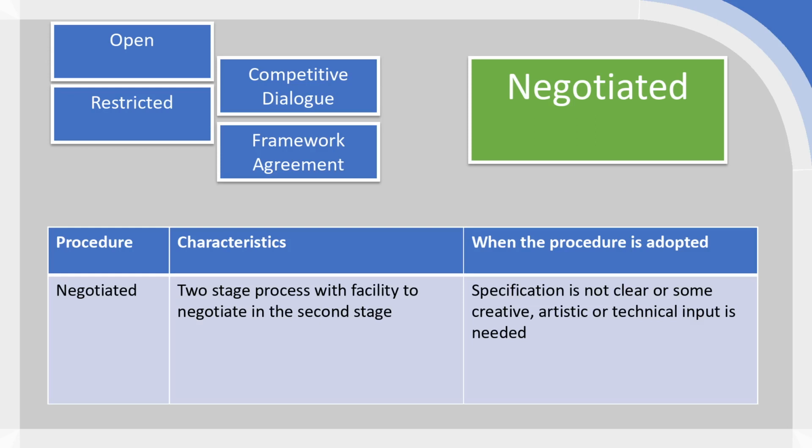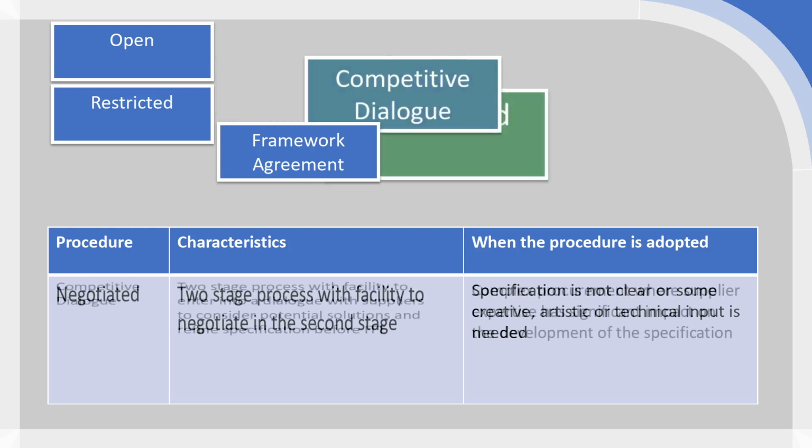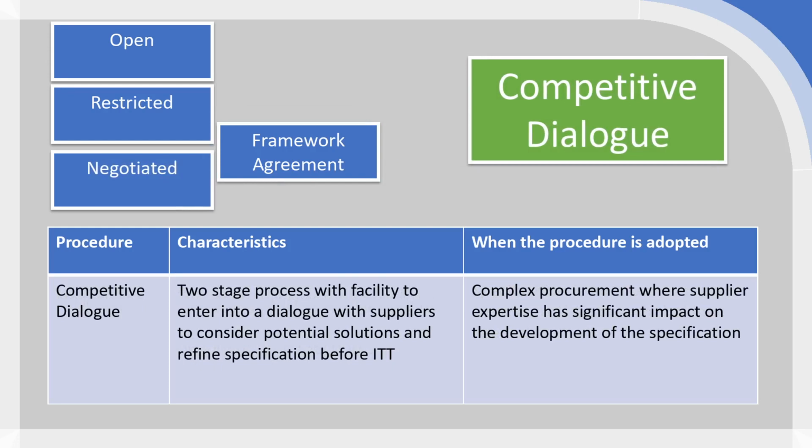If we move on to a competitive dialogue, we can see here that our specification is not just unclear in some respects. So for a marketing campaign we should already be well aware of our segmentation policy, the target segment we're looking at. We should be aware of our overall marketing strategy, but we just need some creative or artistic input.